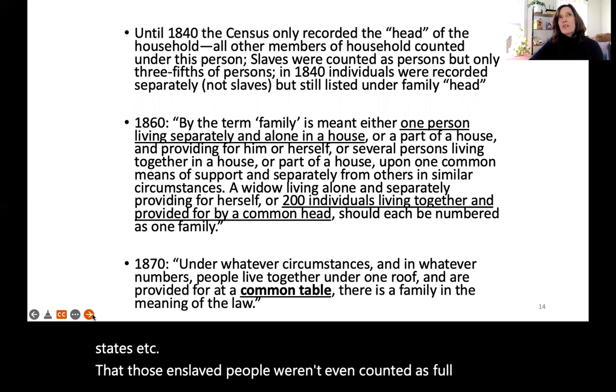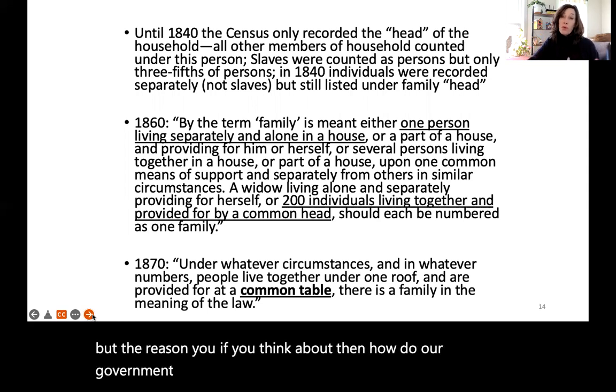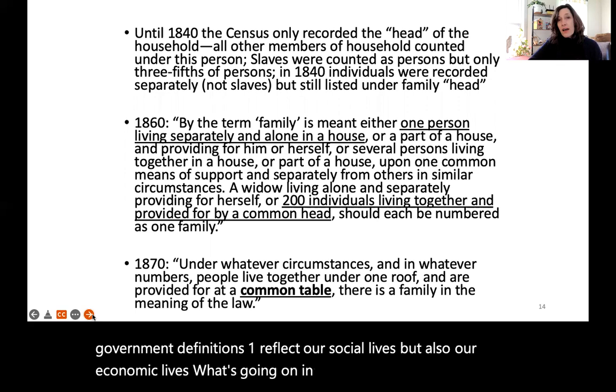But the reason, if you think about, then how do our government definitions, one, reflect our social lives, but also our economic lives, what's going on in our society, in the economy of our society.